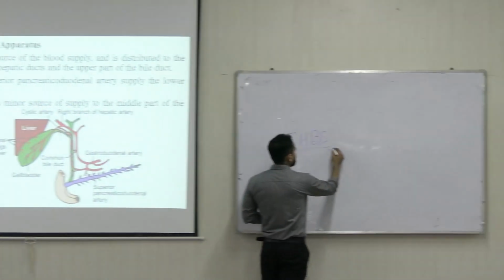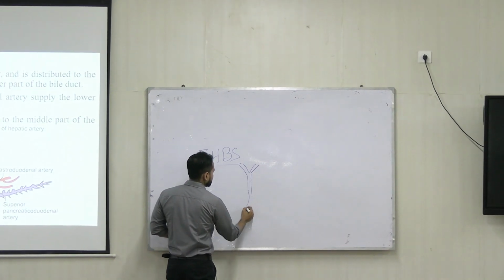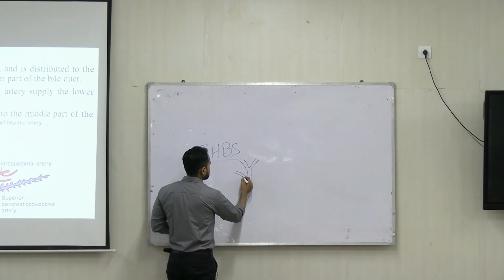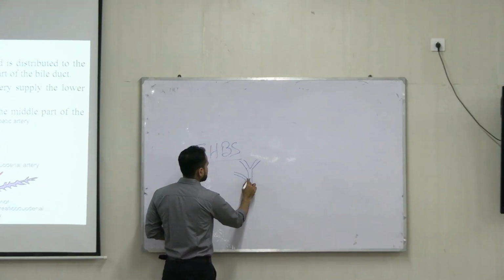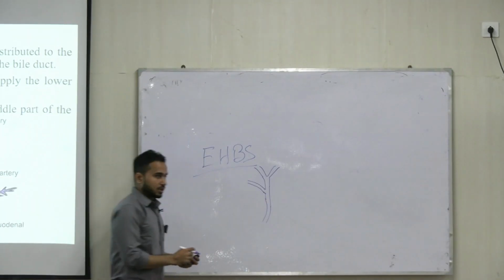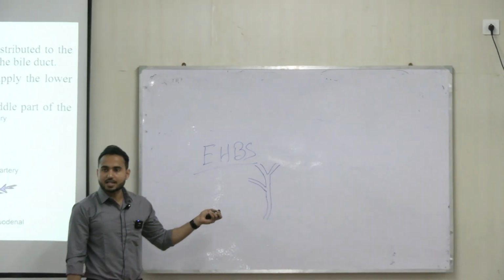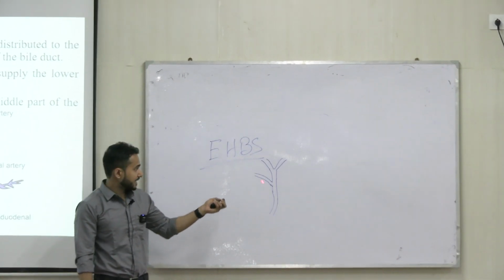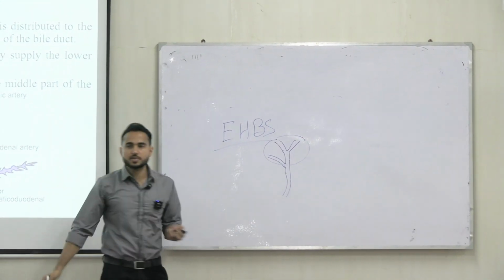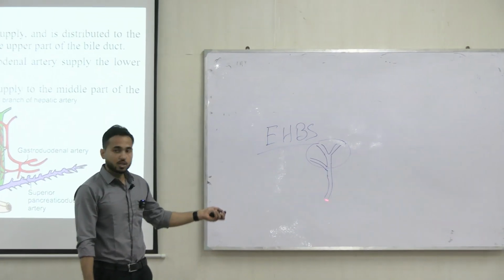For example, now here you can see the tubular structures, all the ducts are nothing but tubular structures, so they are extending. So this upper part can be supplied by the cystic artery. What about the middle part and the lower part?